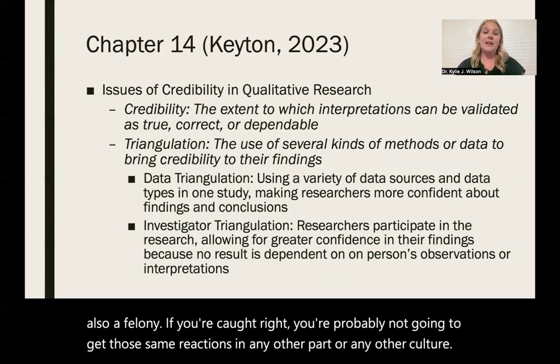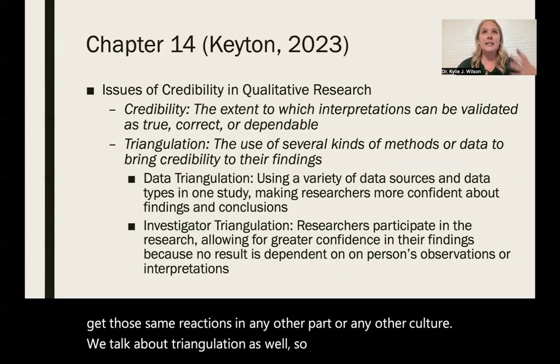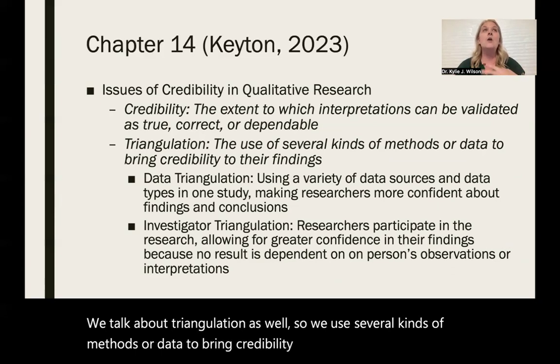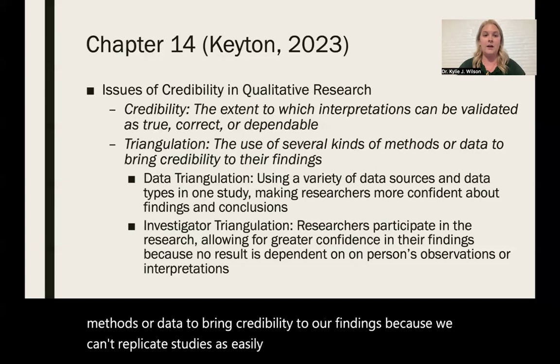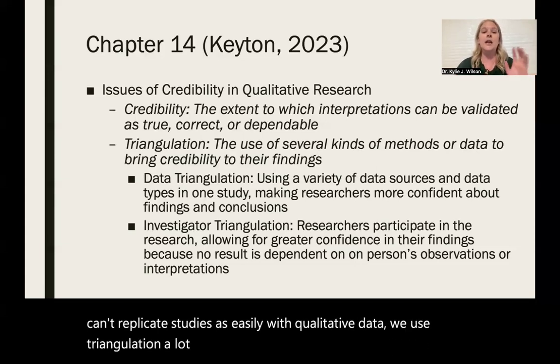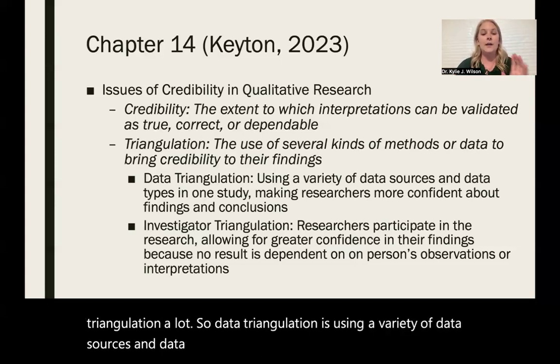We talk about triangulation as well. So we use several kinds of methods or data to bring credibility to our findings. Because we can't replicate studies as easily with qualitative data, we use triangulation a lot. So data triangulation is using a variety of data sources and data types in one study.